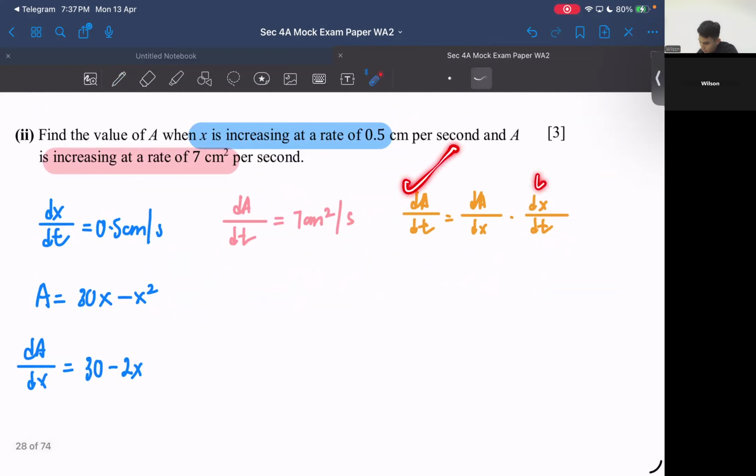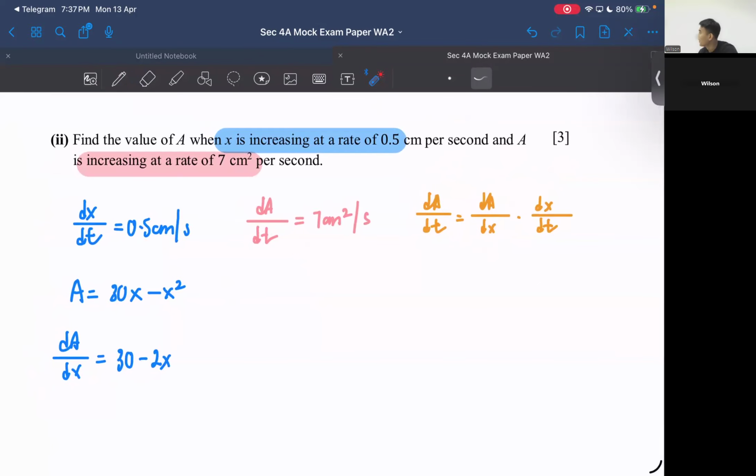We have to find the value of A. I got an expression for this one, so how do I connect everything together?